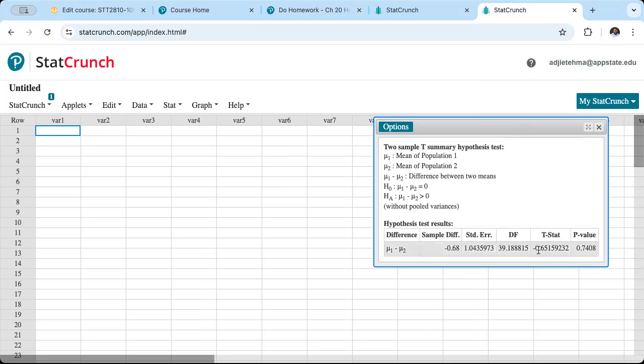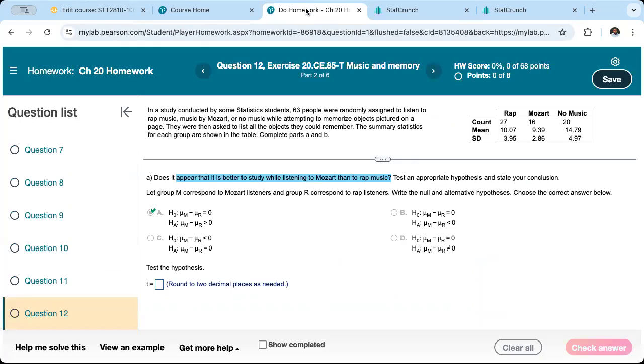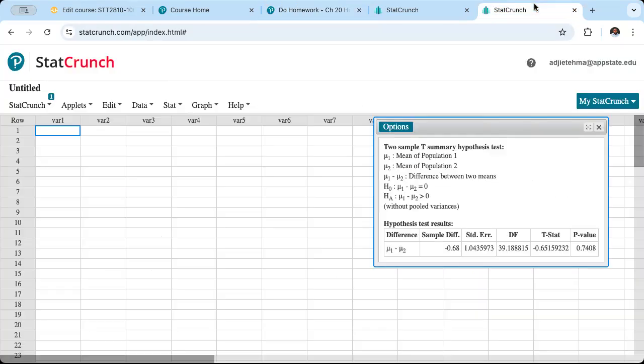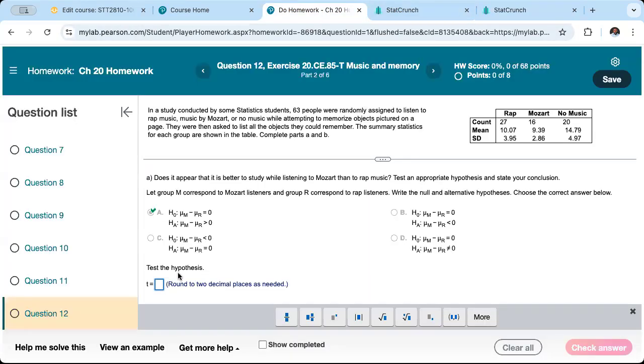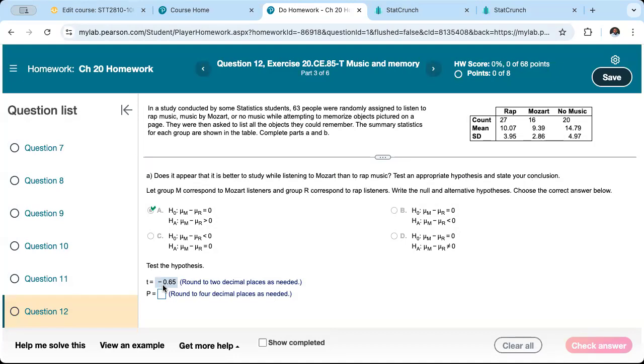So this is my t-test statistic. So I've been able to input my t-test statistic value here.